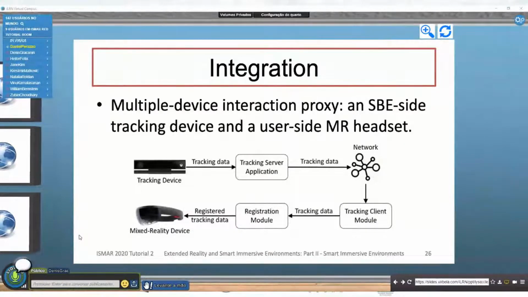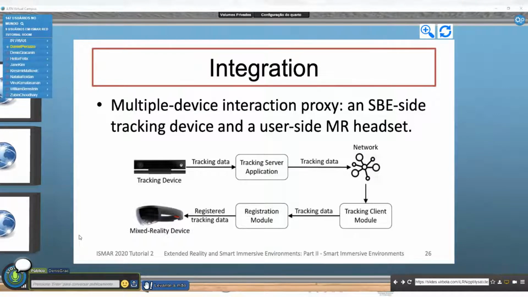So therefore, what we are trying to do is to create an interaction proxy, some framework of services that allow us to connect a tracking device such as a Kinect sensor to a user-side mixed reality headset.